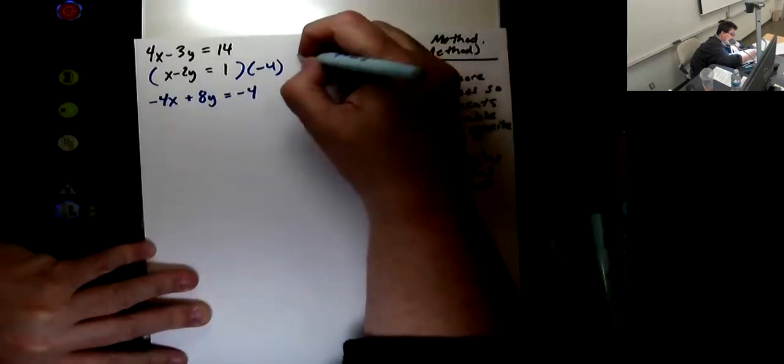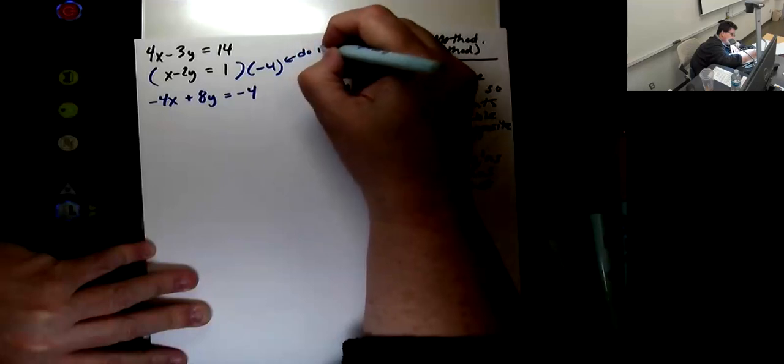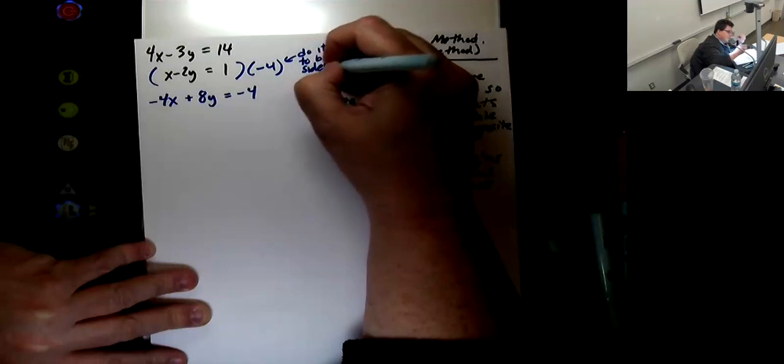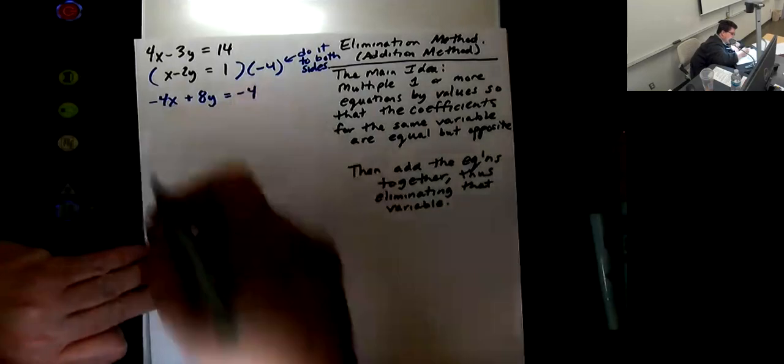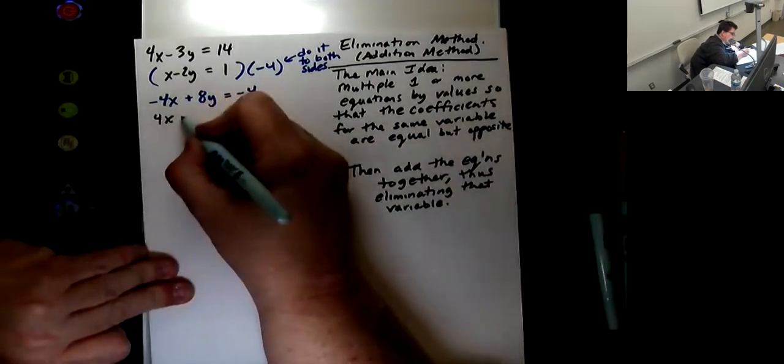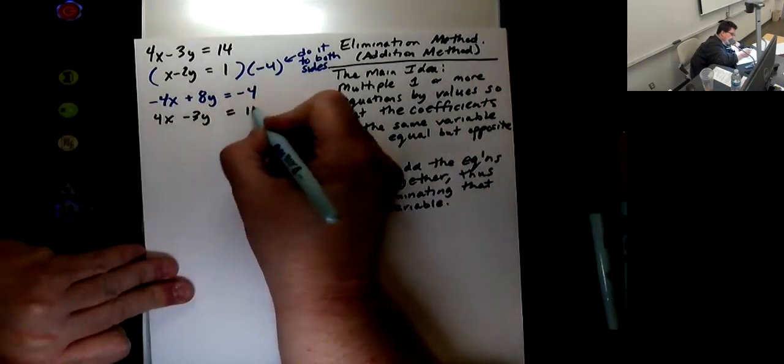Make sure you do it to both sides. The initial equation was 4x minus 3y equals 14, the other one.